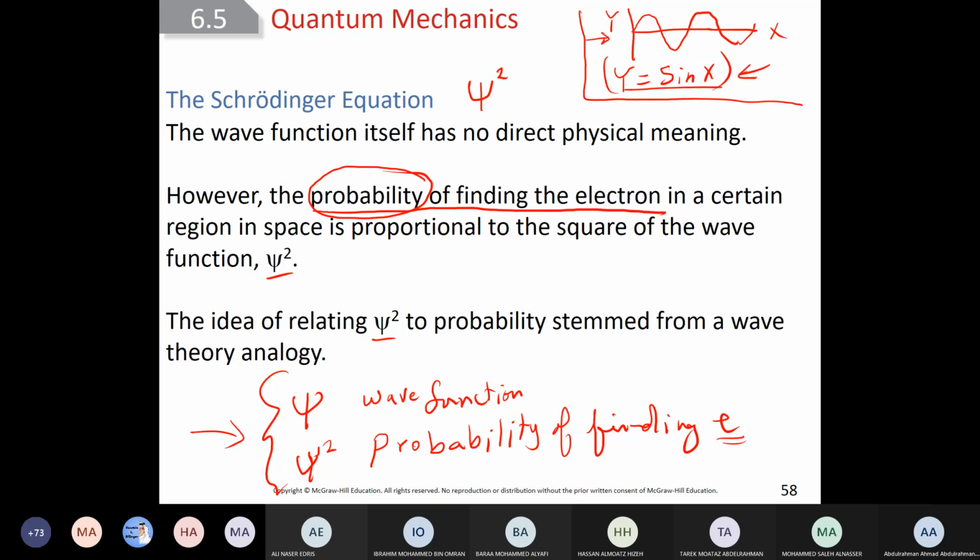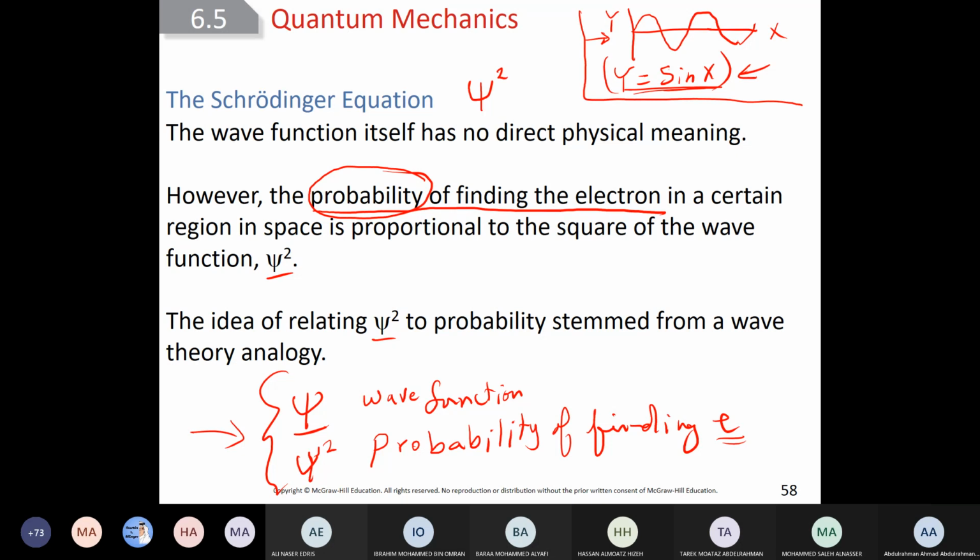That's the wave function. Okay, and what's sine? It's an equation to represent what? The wave function of the electron wave. The electron is a wave, and this one is to represent the wave.